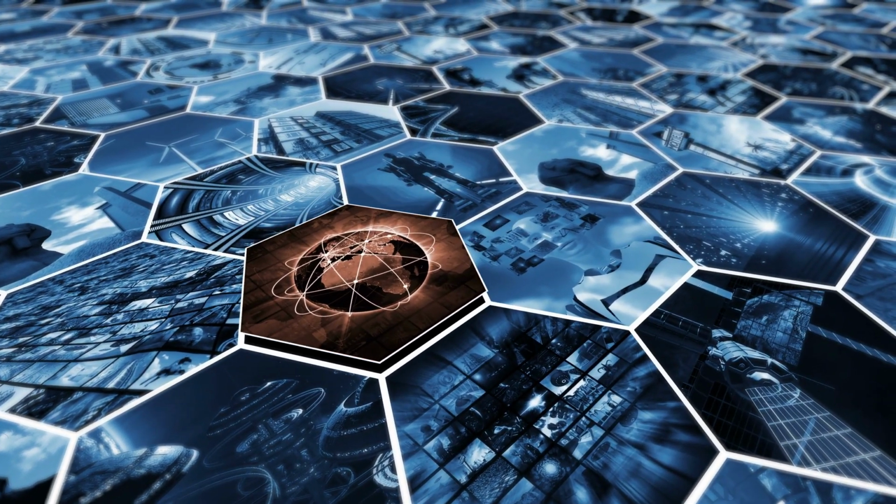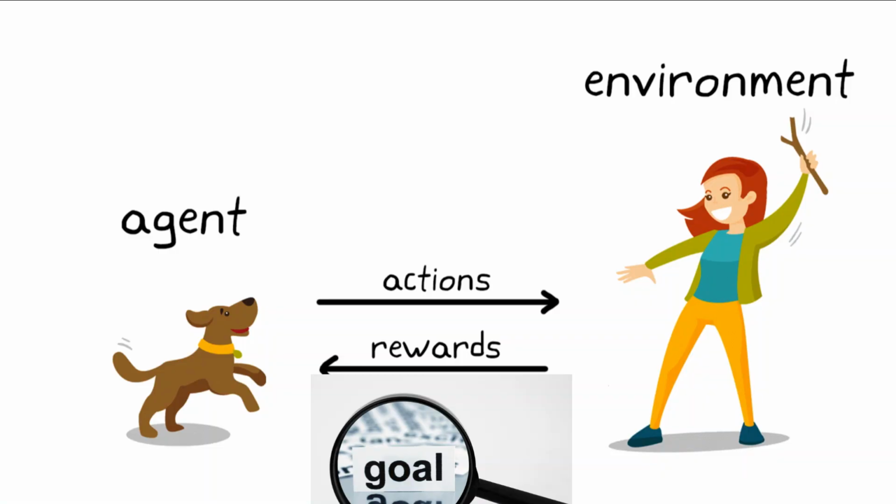And the goal, the objective the agent aims to achieve, teaching the dog to perform tricks for treats.